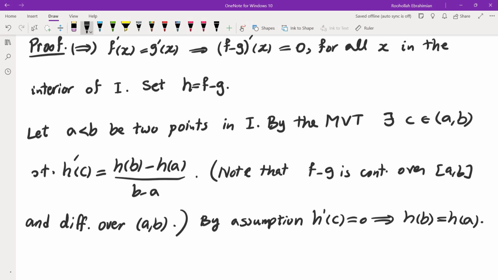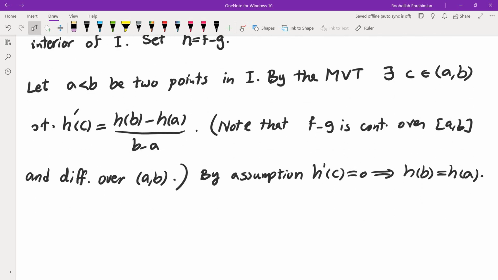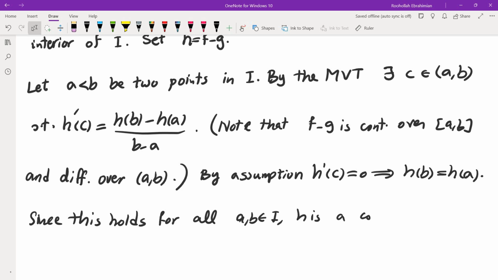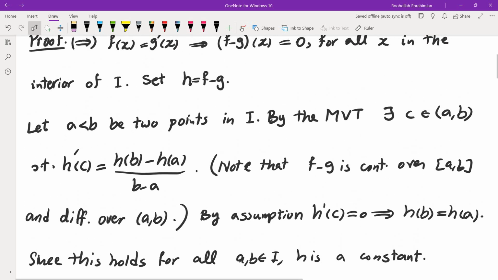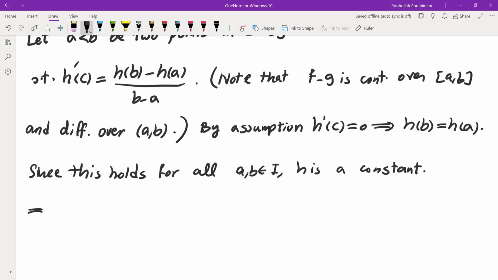And as soon as we know h of b is equal to h of a, h would be constant. Since this holds for all a, b inside I, h is a constant. So what we just showed is that every two values of h over the interval are the same. So therefore it must be a constant function.